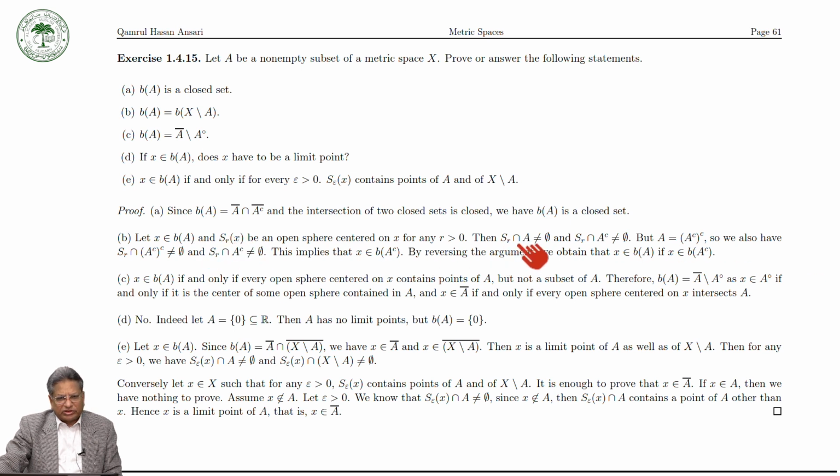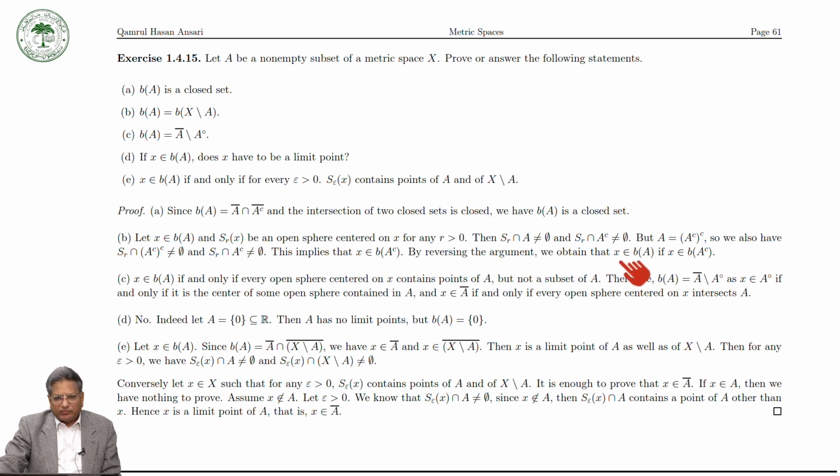So this is non-empty and this is also non-empty. But we know that A is equal to the complement of A and its whole complement. So we also have the ball intersection the complement of A, and therefore this implies that X is in the boundary of the complement of A.